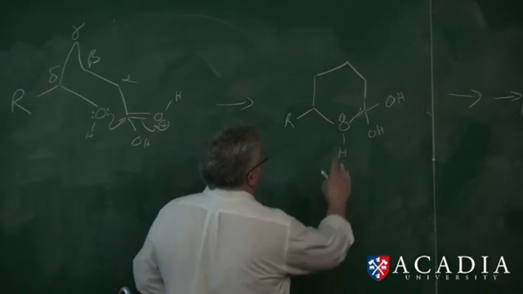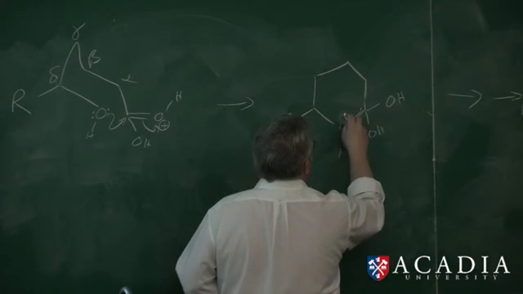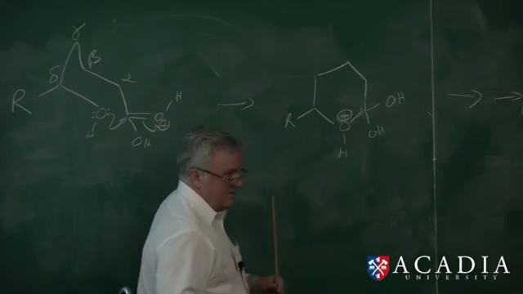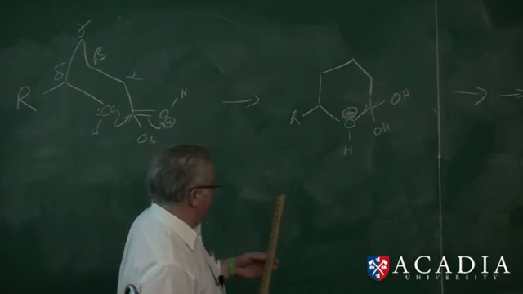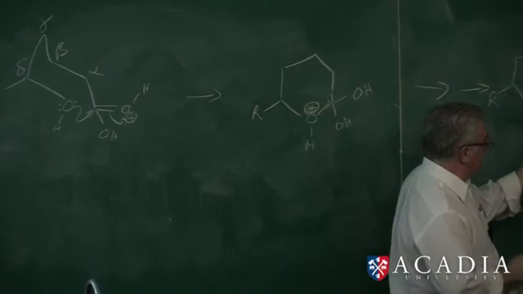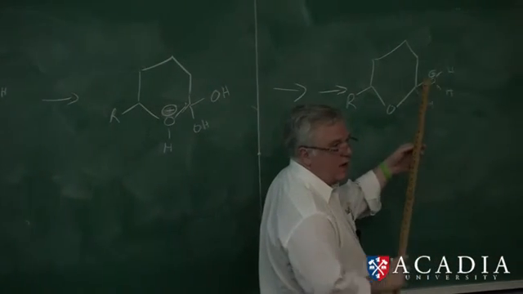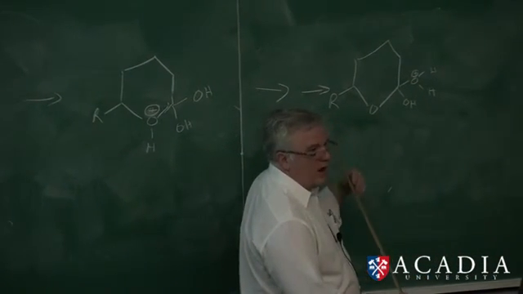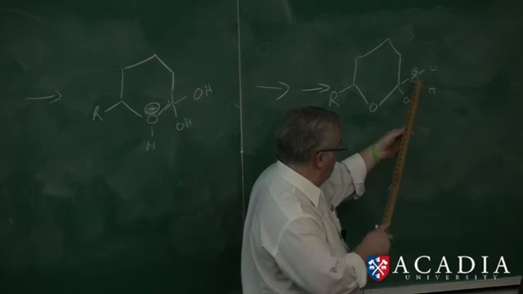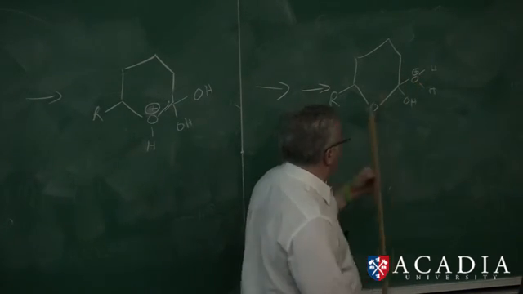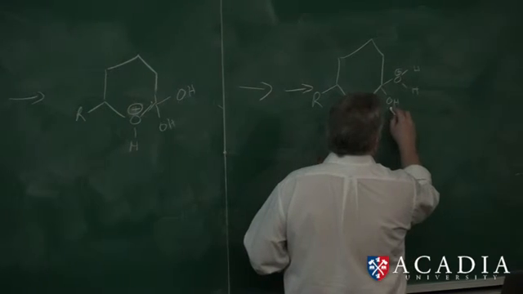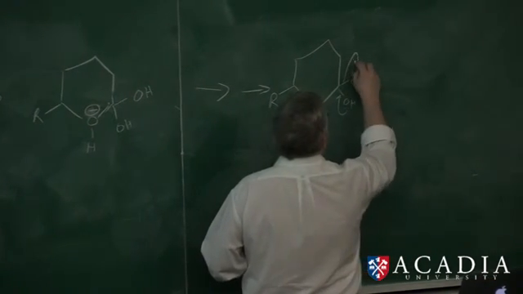Oh, sorry. That's a positive charge. Thank you. Okay. Now our positive charge has moved over to here because a proton popped off, floated around, something carried it, and deposited it over here. Once it's over there, we can just knock it off as a water molecule.